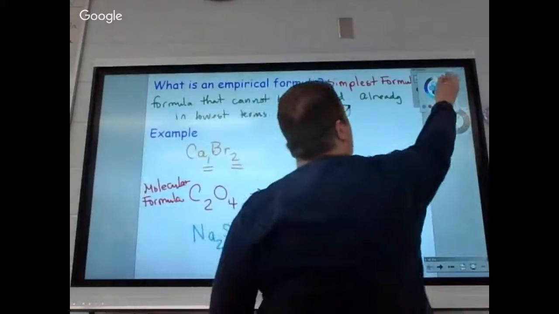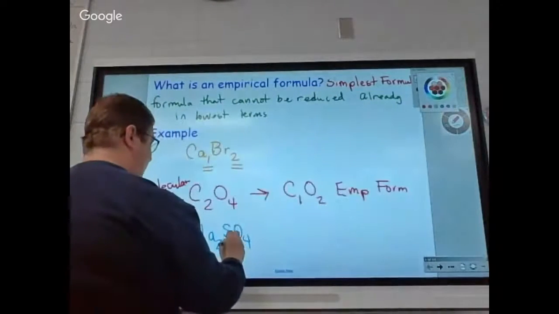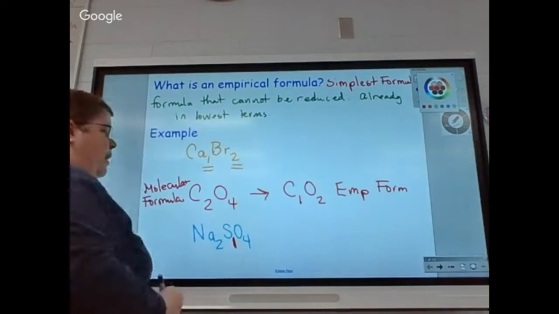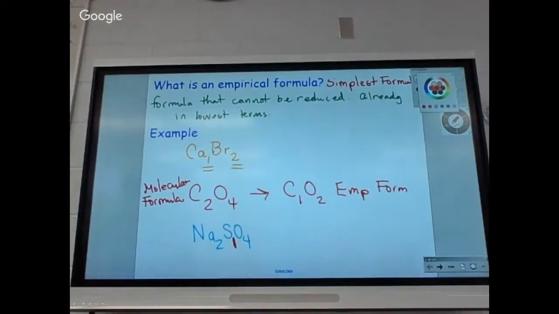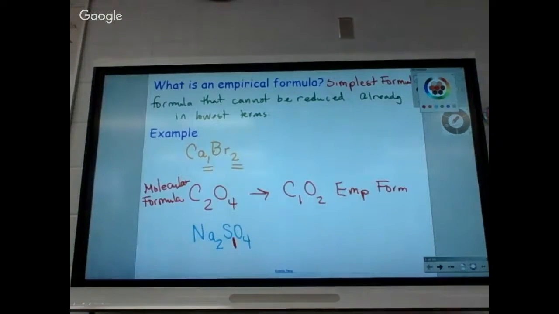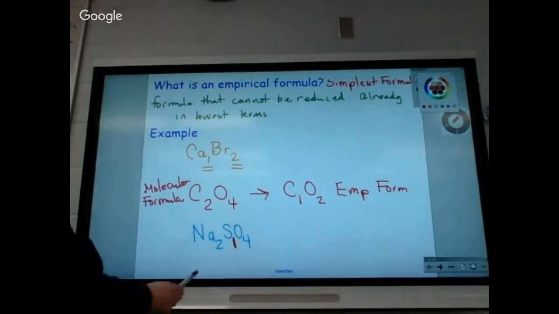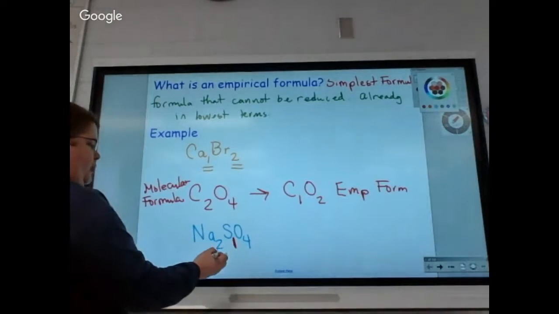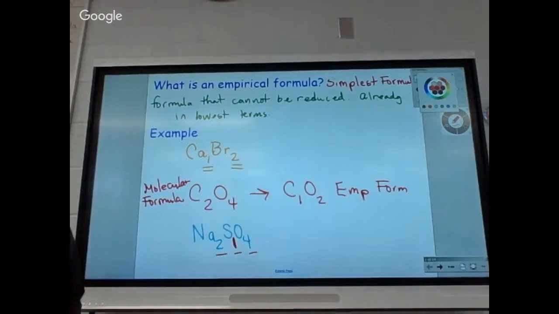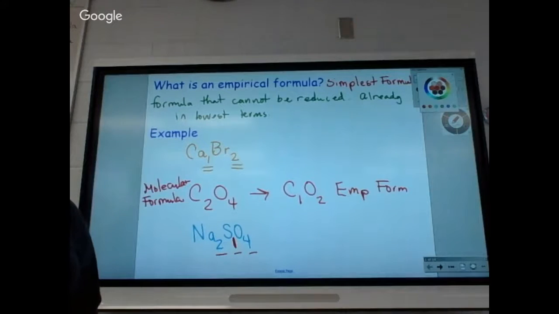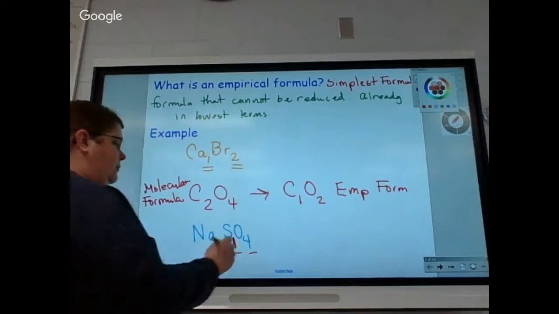But you can't reduce the one. That's the part we need to point out. Several people are pointing out this right here. The S has what number on it? 1. Katie was getting ready to tell me that the SO4 has what around it? Parentheses. Regardless, the S has a 1 on it. In order to reduce, you have to be able to reduce how many subscripts? All of them. You can't select just the 2 and the 4.